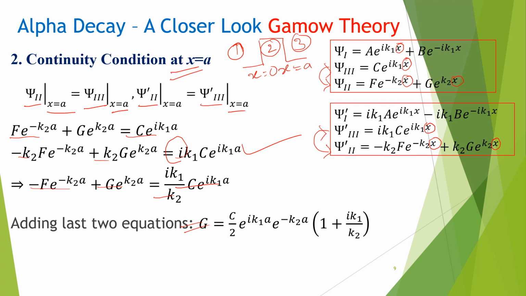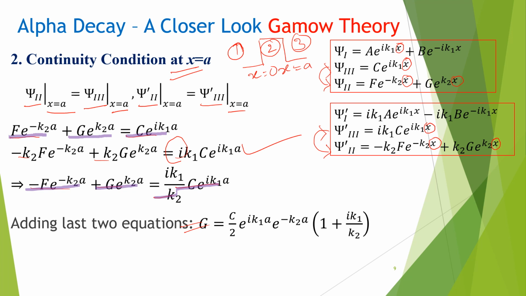We have f into e to the power minus k2a plus g into e to the power k2a, that is equal to c into e to the power i k1a. And the second equation we have minus f e to the power minus k2a plus g into e to the power k2a, that is equal to ik1 upon k2 times c into e to the power i k1a.